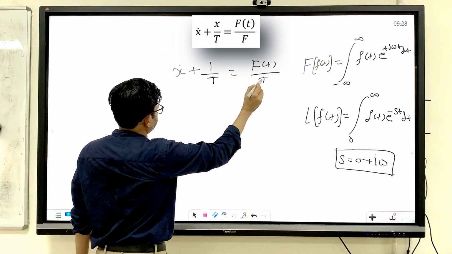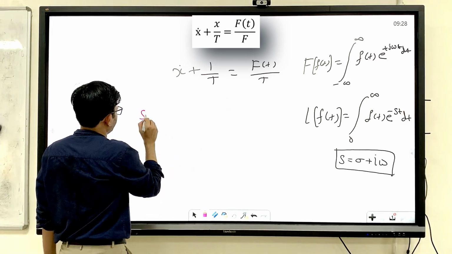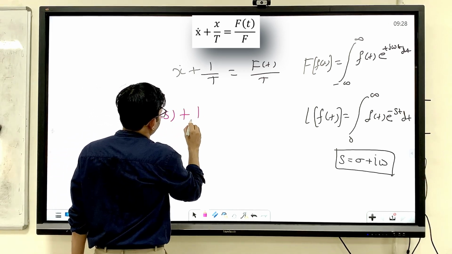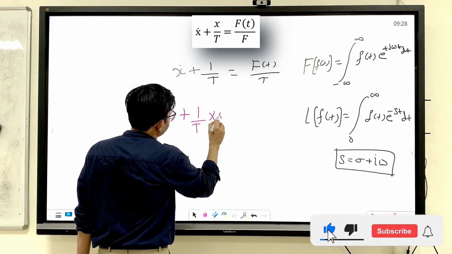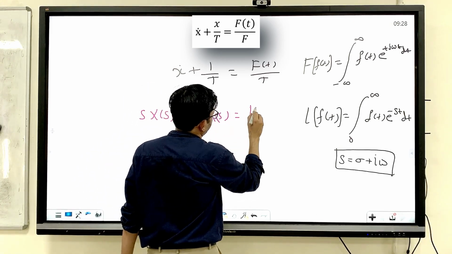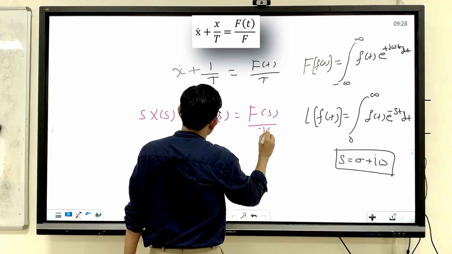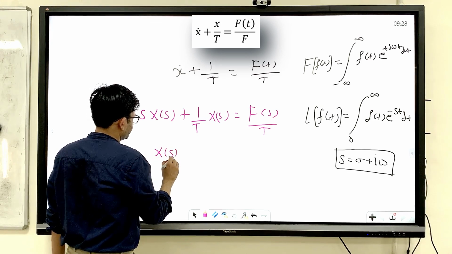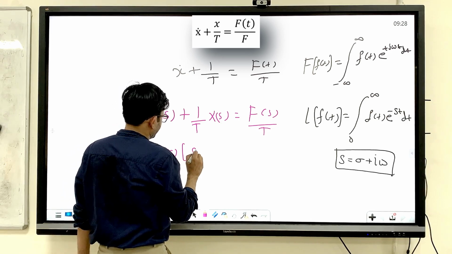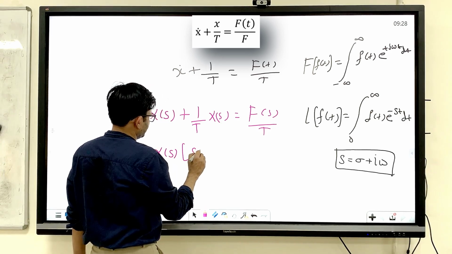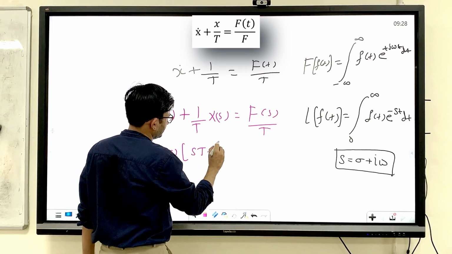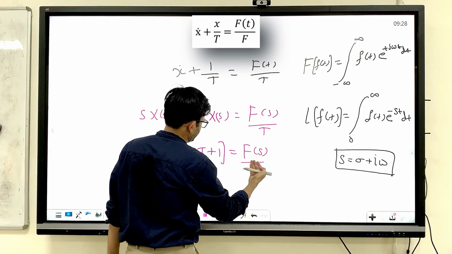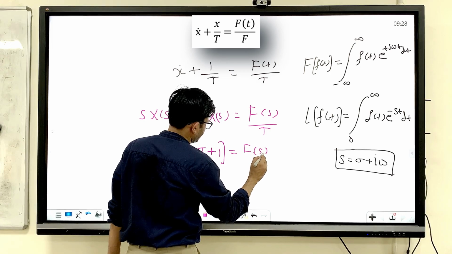If you take the Laplace transform, you will get s X(s) plus 1 upon T X(s) equals F(s) by T. So you can write X(s) times (Ts plus 1) equals F(s).